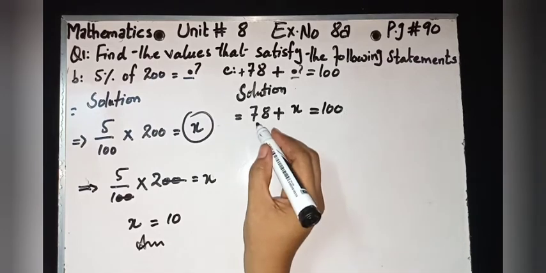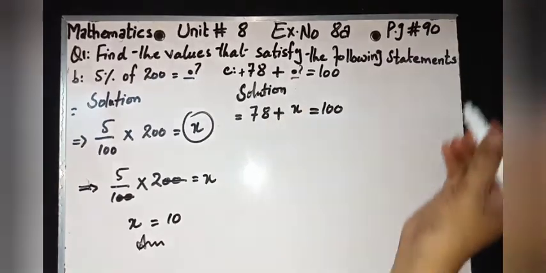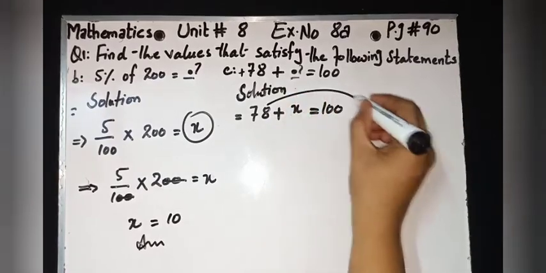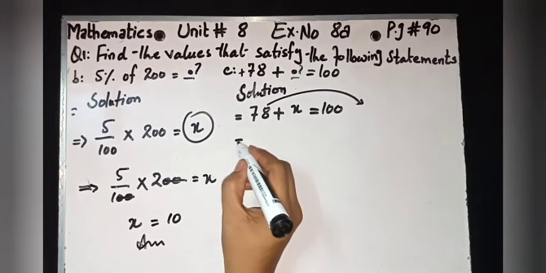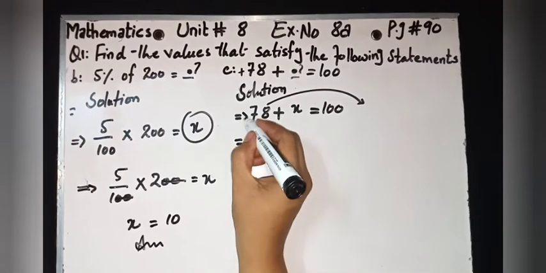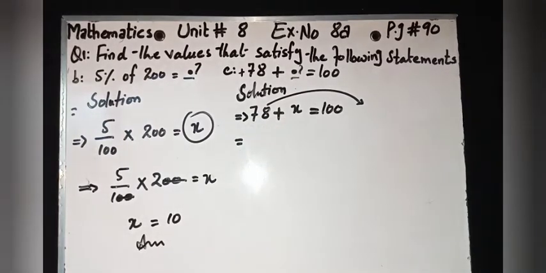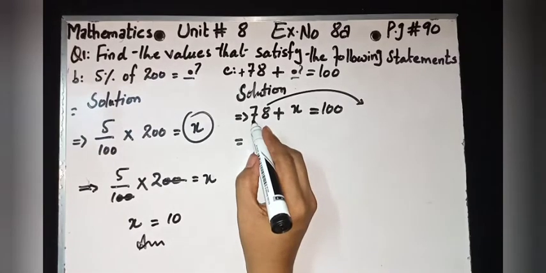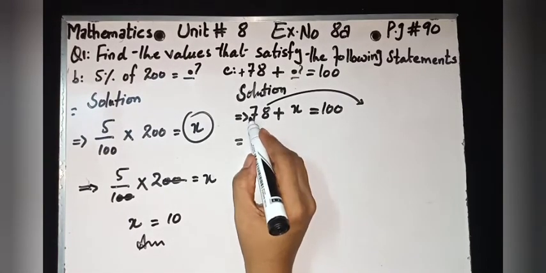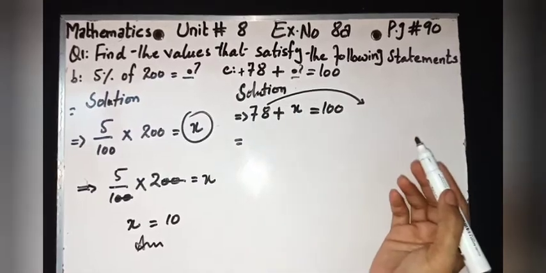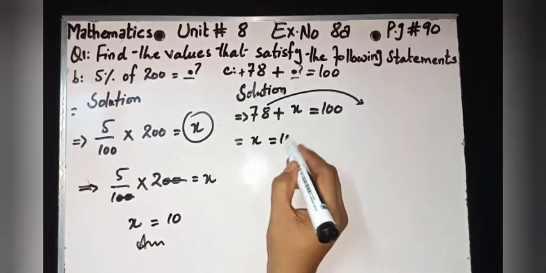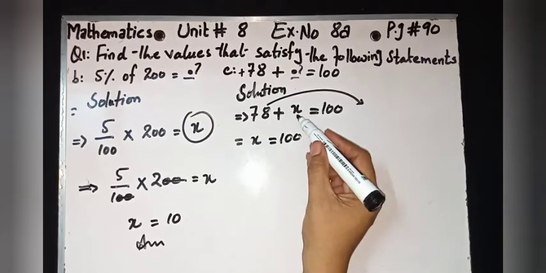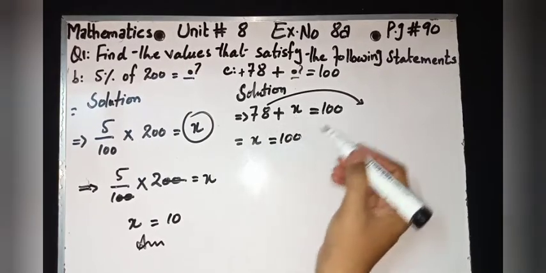Okay, now 78 we shift to the other side. We change the place. So according to the rule, when we shift or change the place, automatically the sign will be inverse. Okay, it means 78 is given, so positive 78 converts into negative 78. x is equal to 100, as it is copied down, x, equal sign and 100.